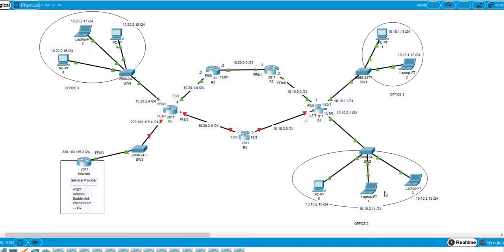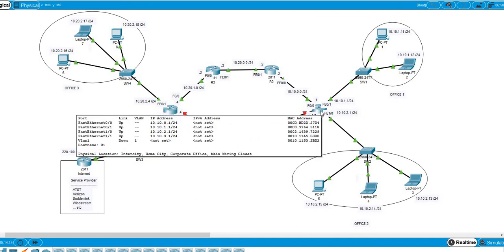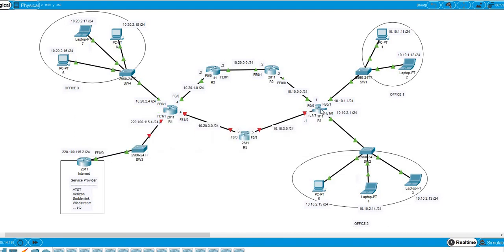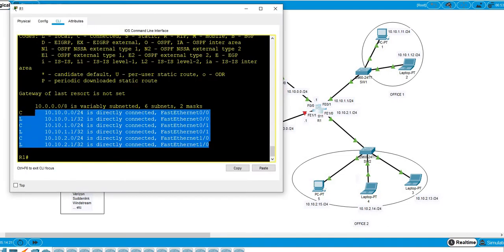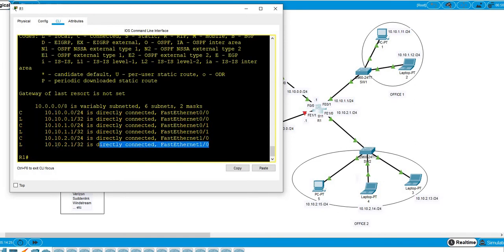PC1 should be able to ping any of these computers in Office 2, because they're locally connected through this router. This router has routes to all these 3 networks: the network towards Office 2, the network towards Office 1, and the network towards R2.